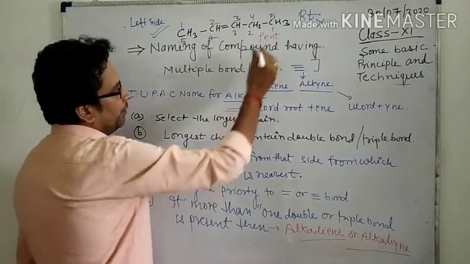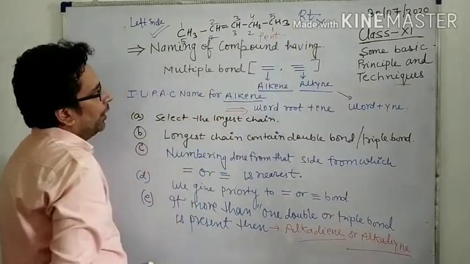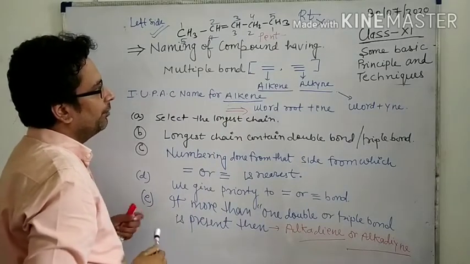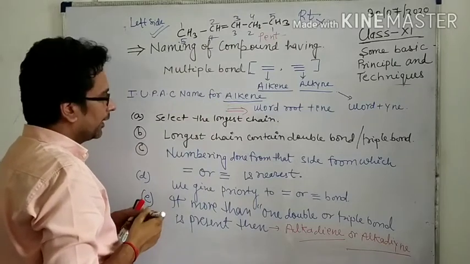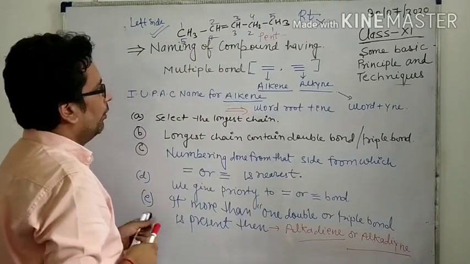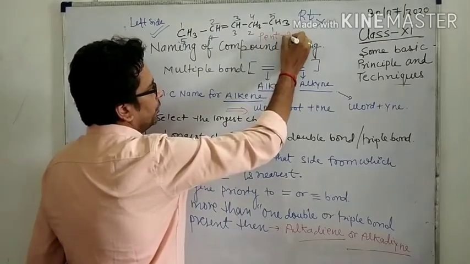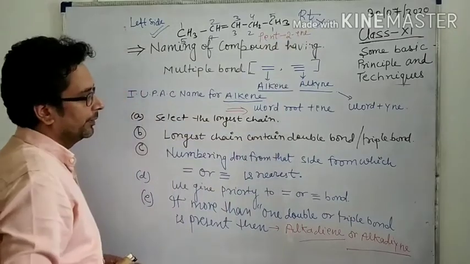So look here, pent. In which carbon number is the double bond placed? Second carbon. So what is the name? Pent-2-ene. It is the correct answer.